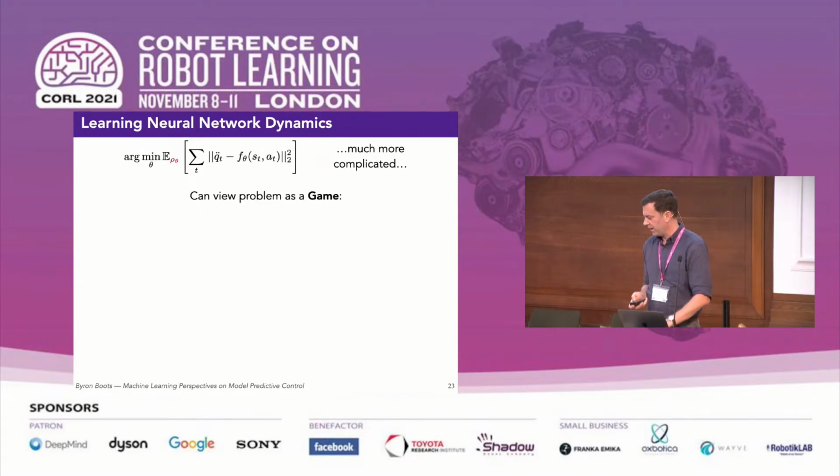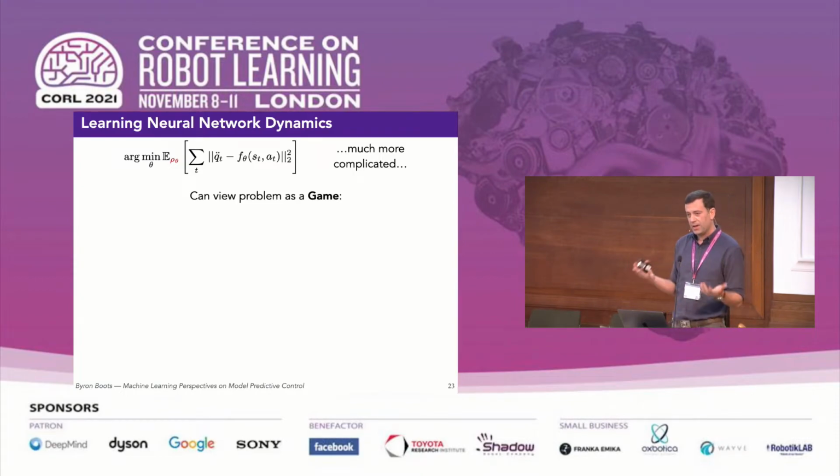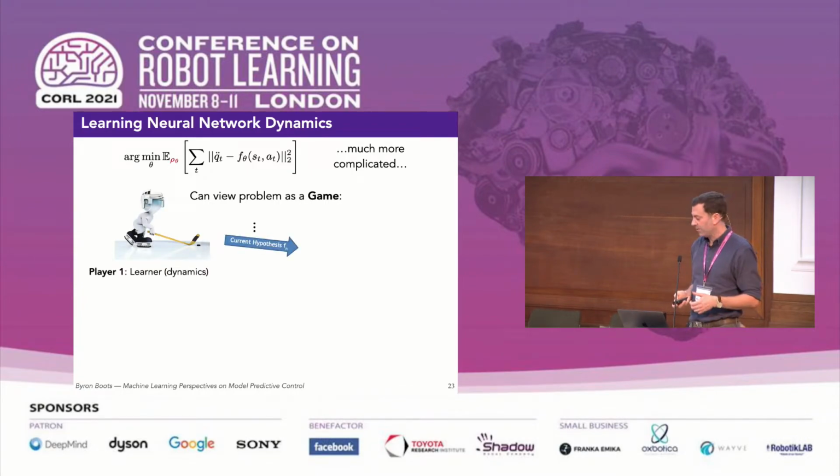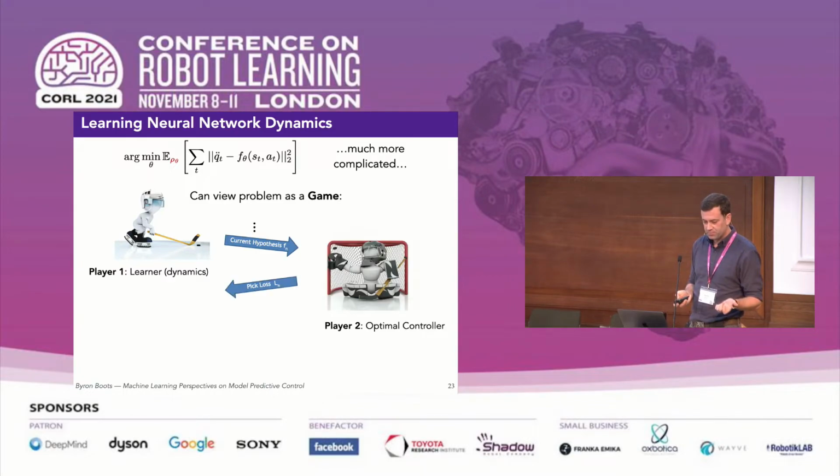What we're going to do is think about this problem kind of like a game. We can view it as a two-player game where player one takes samples from the system and learns a dynamics model. Then the model is handed to our MPC controller, which uses it to generate actions. It's going to try to optimize its objective with this learned model that we gave it.